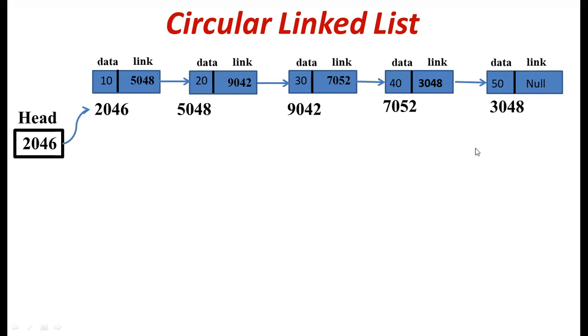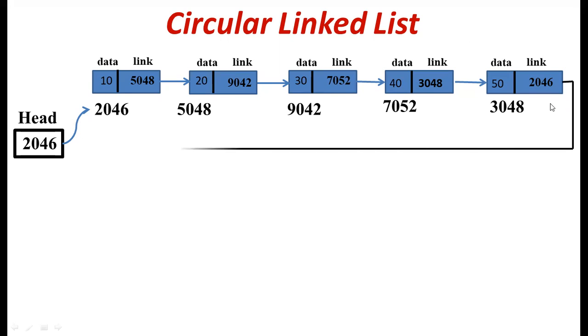To make this a circular linked list, in the address part of the last node we have to store the address of the first node, which is 2046. So we store that 2046 value here, so that this node now starts pointing to the first node. Now we can clearly see that this list is a circular linked list. In the last node's address part, we are storing the address of the first node.